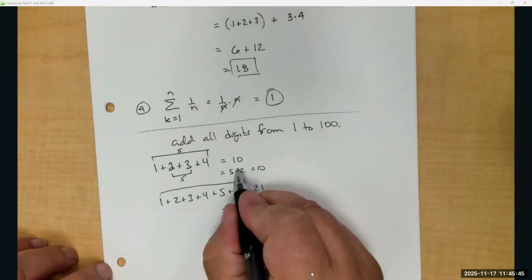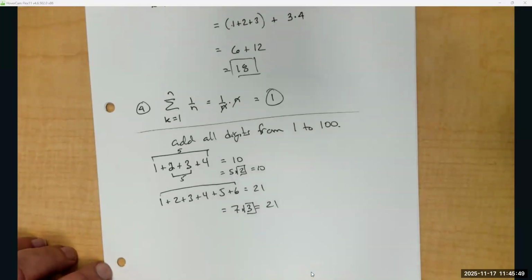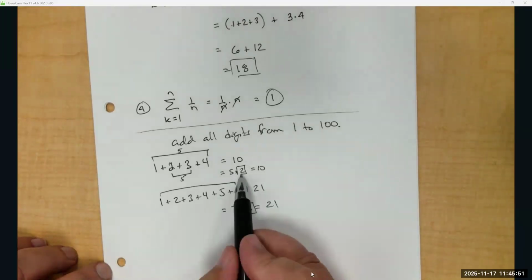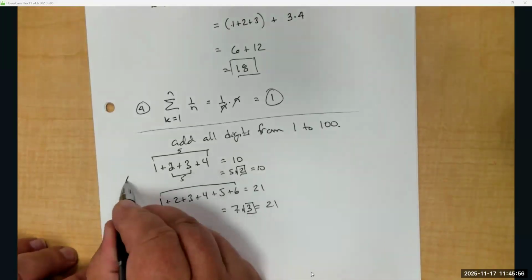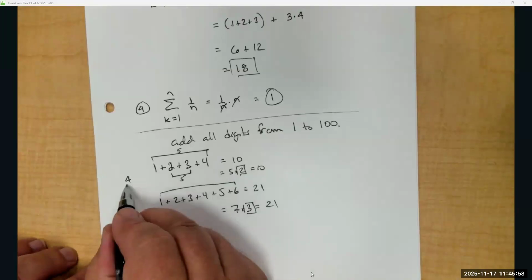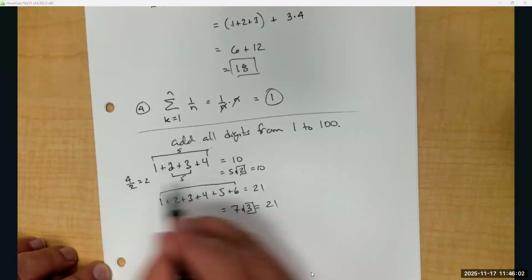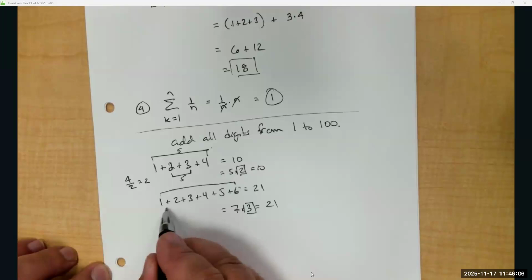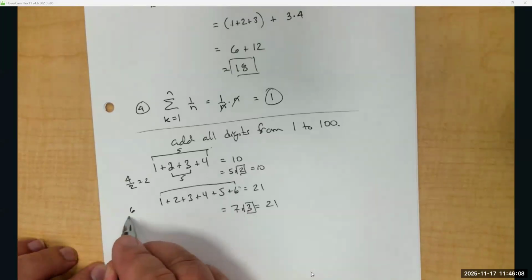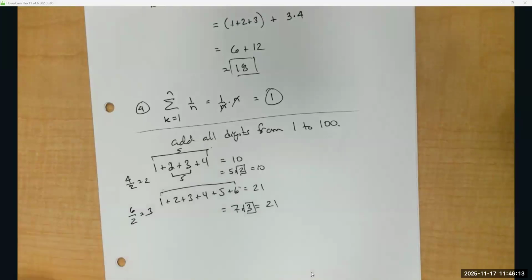But the question he had next was, where do these numbers come from? Well, how many numbers do we have here? 4. Since we're going in pairs, if we divide them by 2, then that's where we get the 2. In this one, we have 6 numbers, and we pair them up, we have 3 pairs of numbers.